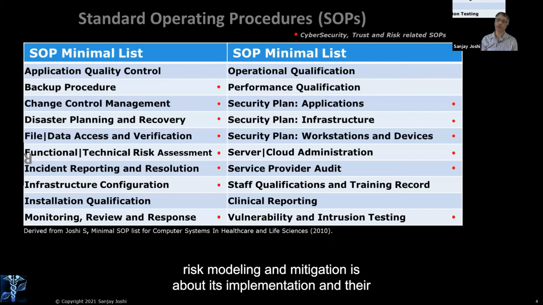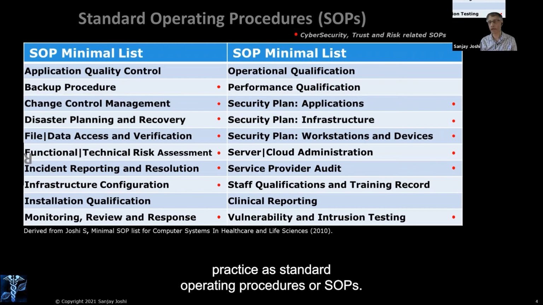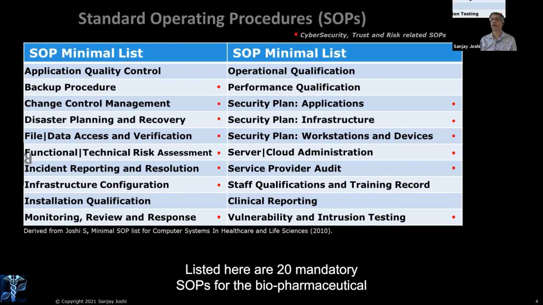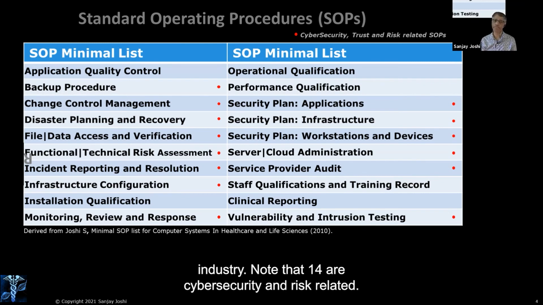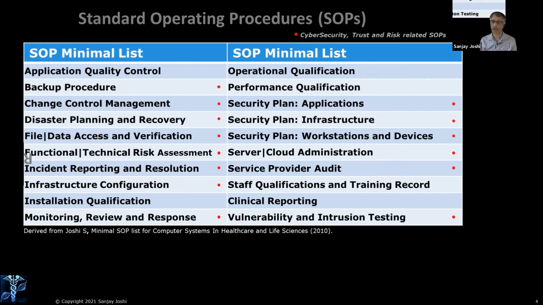Ultimately, risk modeling and mitigation is about its implementation and their practice as standard operating procedures, or SOPs. Listed here are 20 mandatory SOPs for the biopharmaceutical industry. Note that 14 are cybersecurity and risk related.